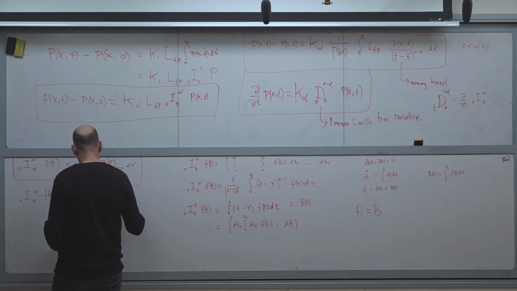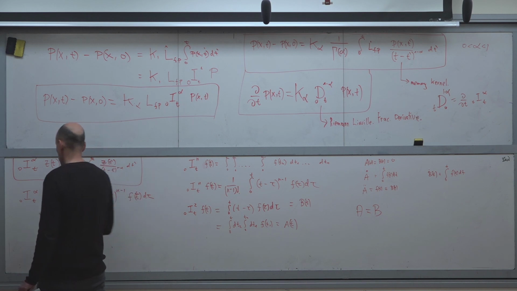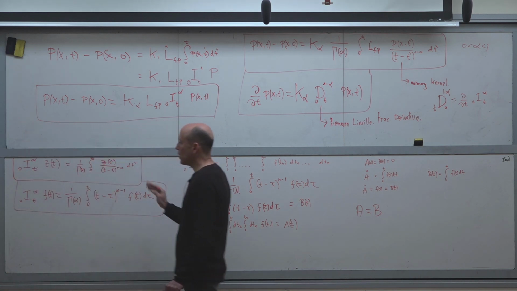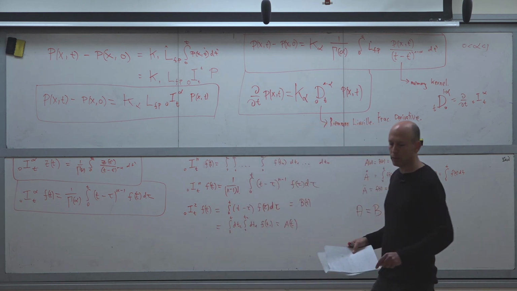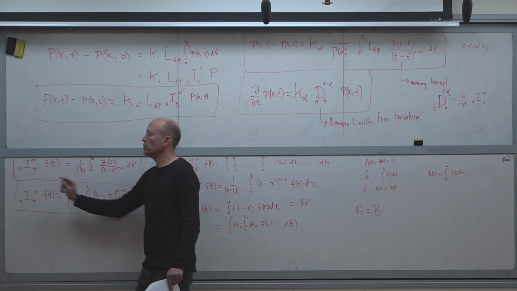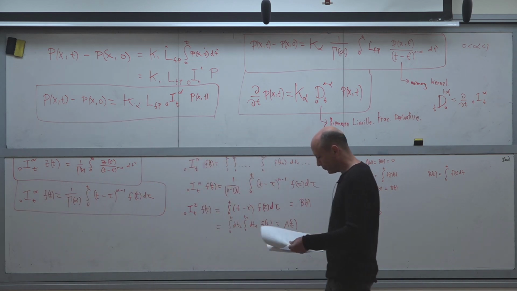And here I have the integral of (t minus tau) to the power alpha minus 1, f of tau, d tau. Okay, so now you know everything on the definition of a fractional integral. Again, alpha here is between 0 and 1.